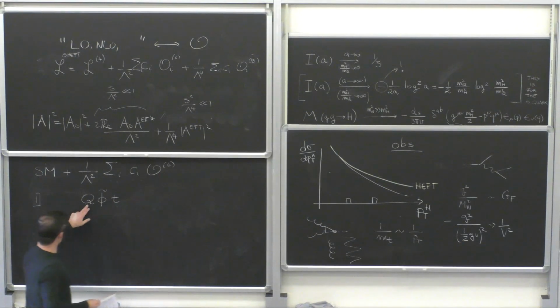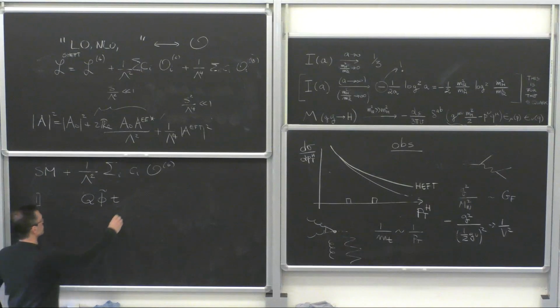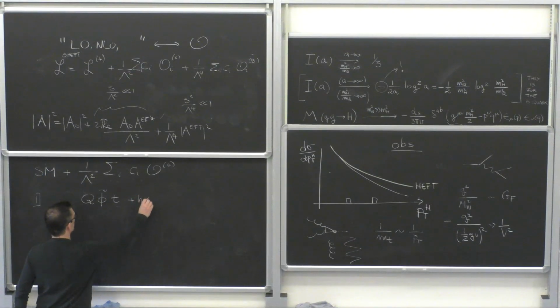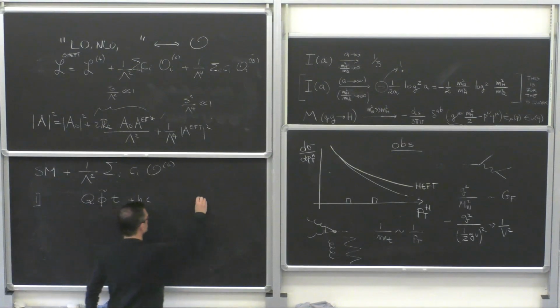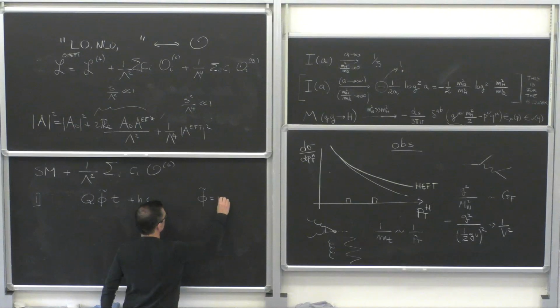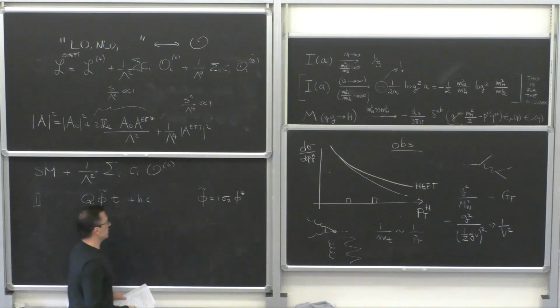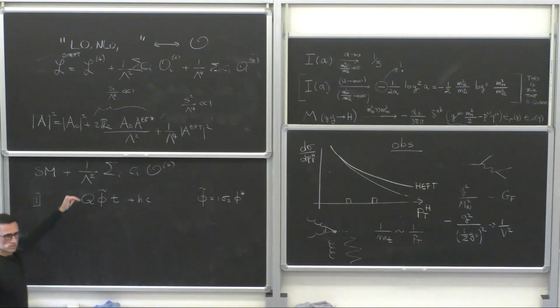So this operator plus its Hermitian conjugate plus a coupling in front, is the one responsible for the top mass, right? As we said yesterday, phi tilde is i sigma 2 phi star, the magic trick by Weinberg to give mass to the upper part of the quark doublet.